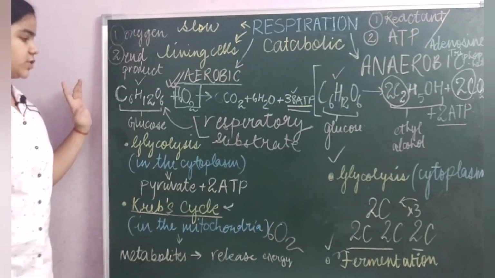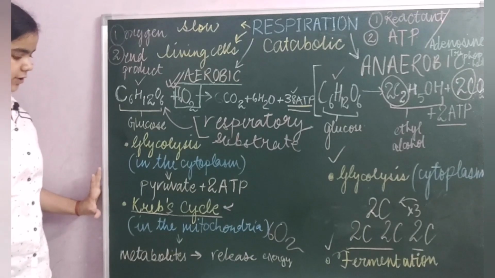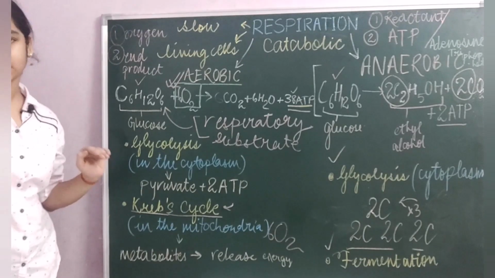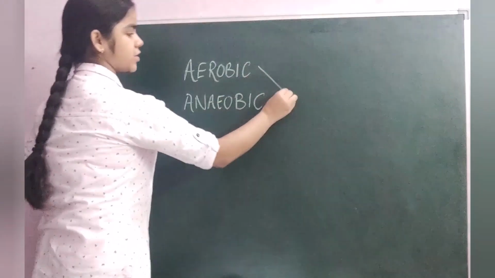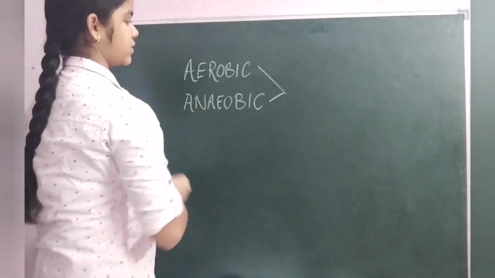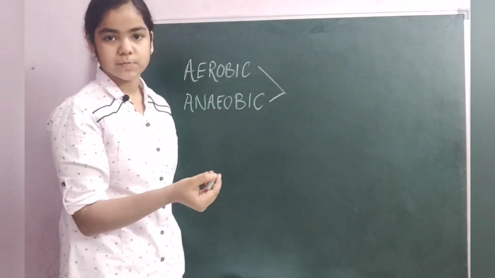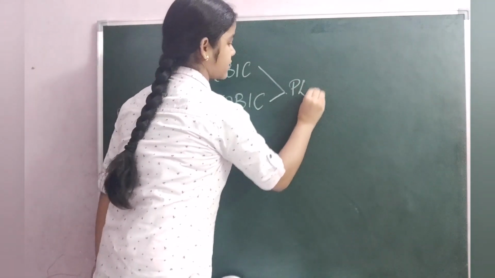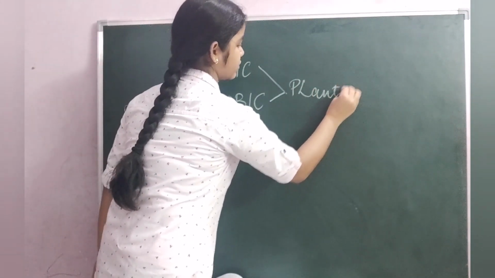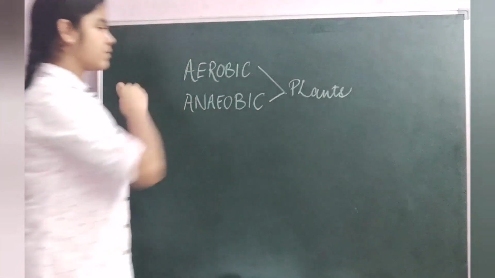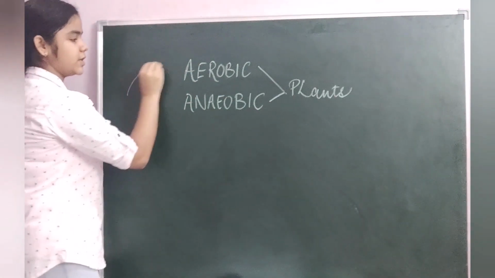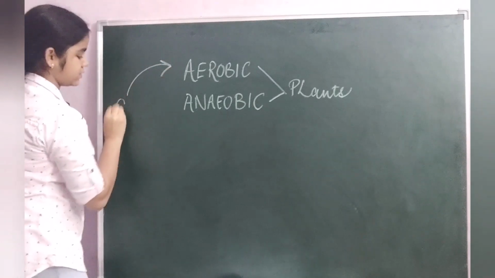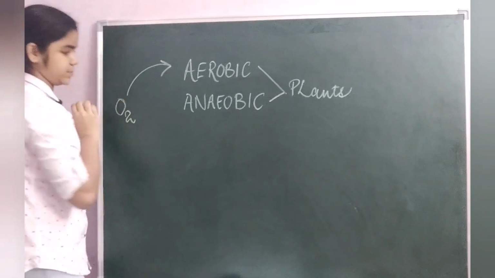Let us move further to discuss glycolysis and Krebs cycle a bit clearly. Aerobic respiration and anaerobic respiration are both kinds of respiration, and these two take place in plants. But how do they do so? When oxygen is used for respiration, then it is aerobic respiration.